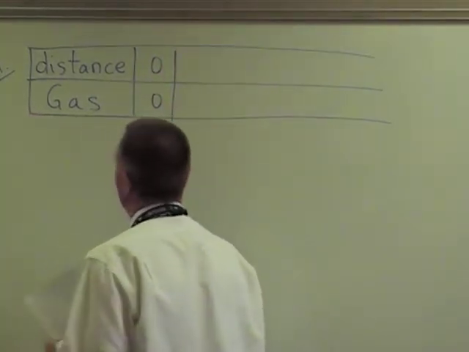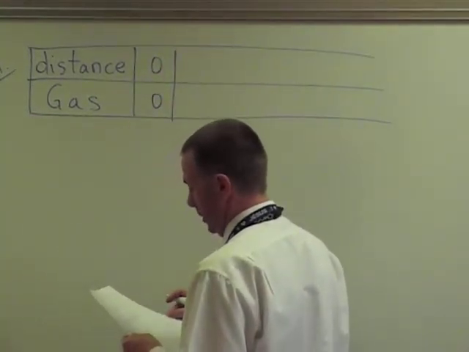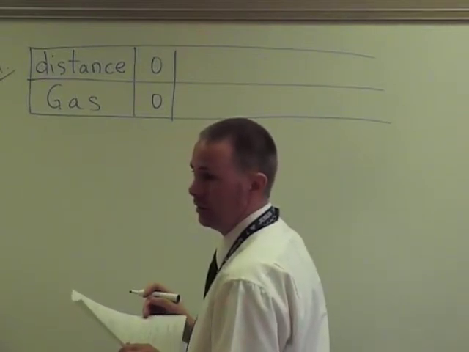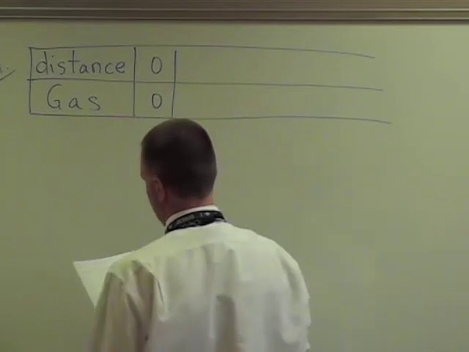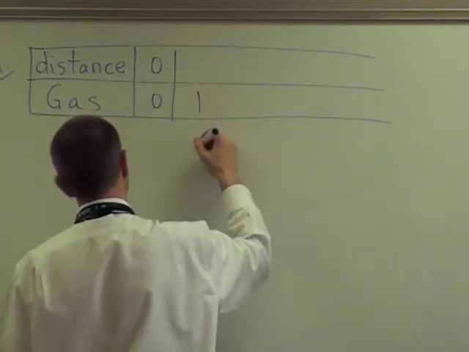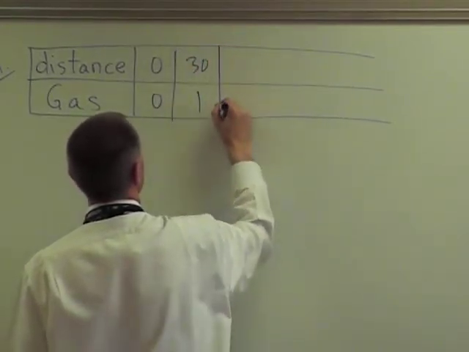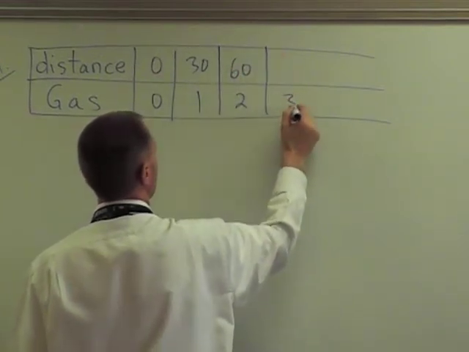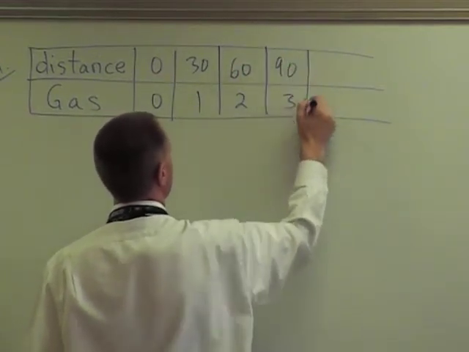If you don't have any gas, you don't go anywhere. So you have 1 gallon of gas, you drive 30 miles. 2 gallons of gas, 60. 3 gallons of gas, 90.